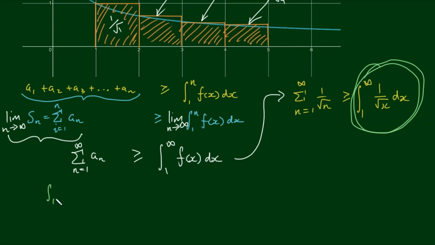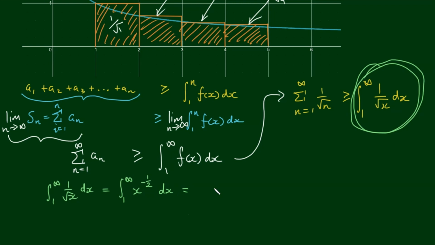The integral from 1 to infinity of 1 on root x dx is equal to the integral from 1 to infinity of x to the negative half power with respect to x. And we can simply use the power rule for integrals here.